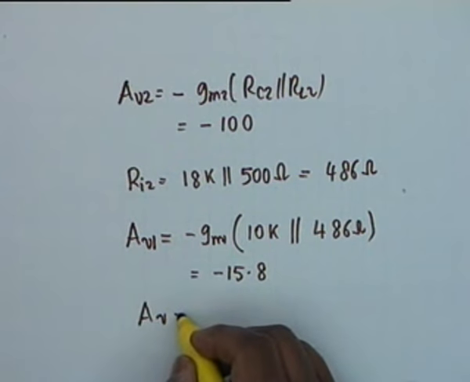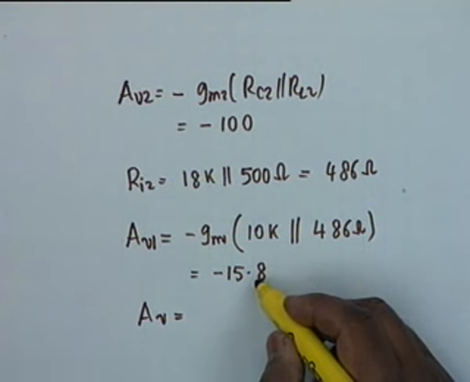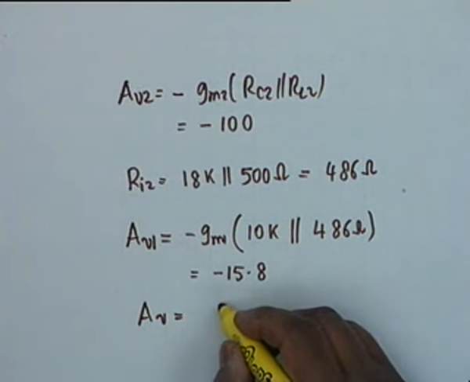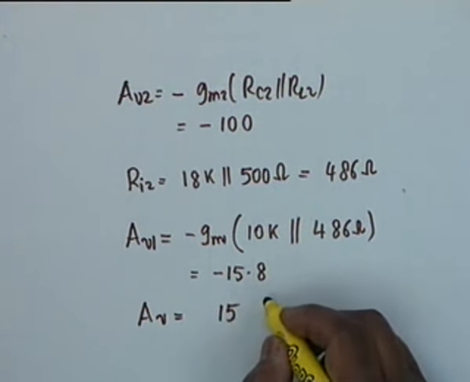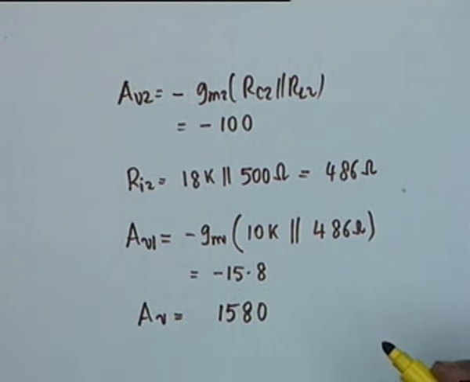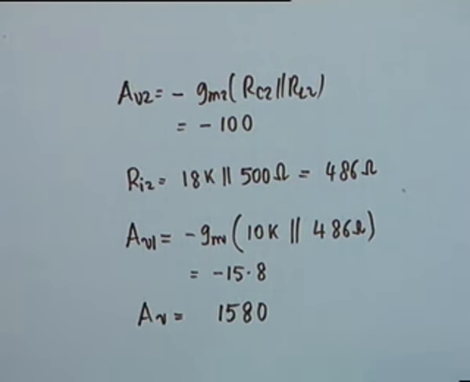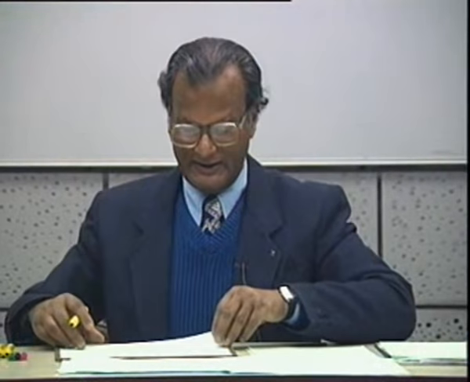Therefore, AV would be minus 100 multiplied by minus 15.8, and that is 1580. C5 is bypassed, yes. We will see what happens when C5 is not bypassed. So this is my A sub V, the voltage gain.